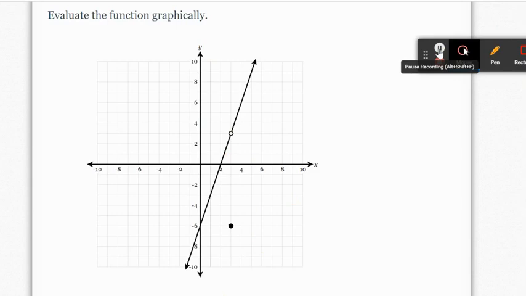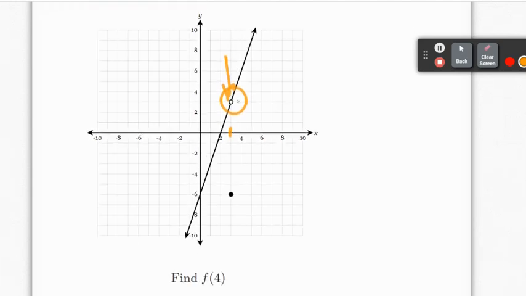So now another very similar function, the hole moved for us. And you can see here the hole is when x is 3. And then they piecewise define the function for us on here to be when x is 3, we're at -6, not on this line. But everywhere else that the function is defined, it's on this line. So we are asked to evaluate f of 4.